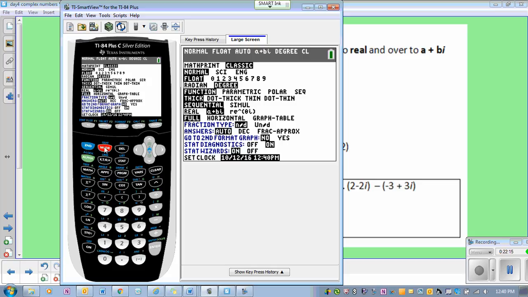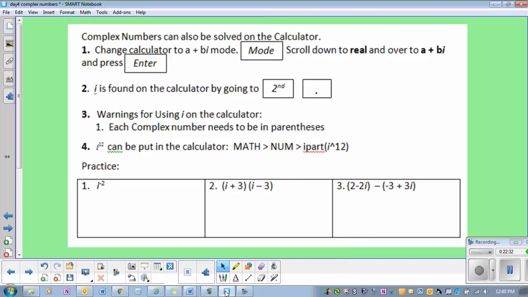What if it's not? Then go to it and hit enter so you can highlight it. If that's your calculator and you put it on that, it's not going to change. It'll stay on that. So if I were to put in 6 plus 5, would it give me what I need? Yeah, it would still do the real, but now it'll incorporate imaginary.